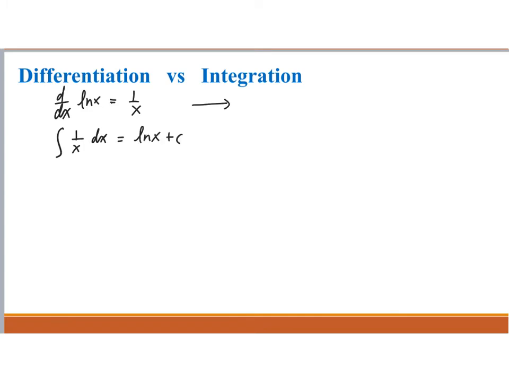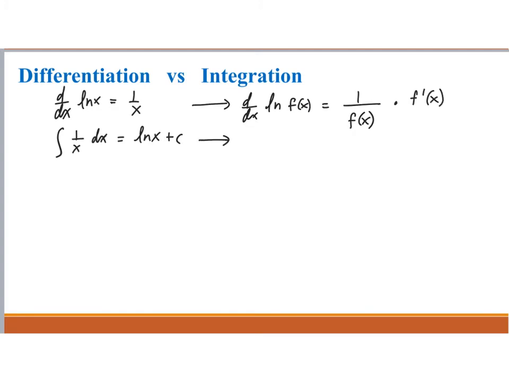We also learned that if we get the derivative of not just ln x, but ln of some function in x, using the chain rule, it's 1 over f of x times whatever is the derivative of f of x.